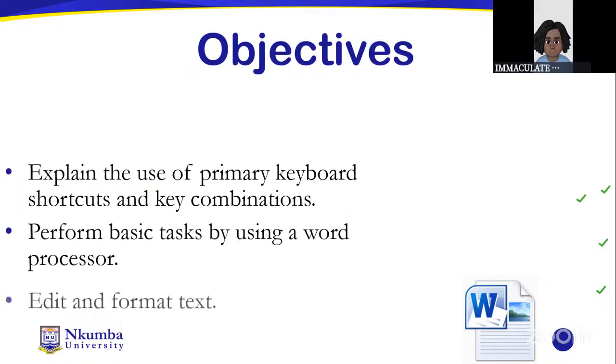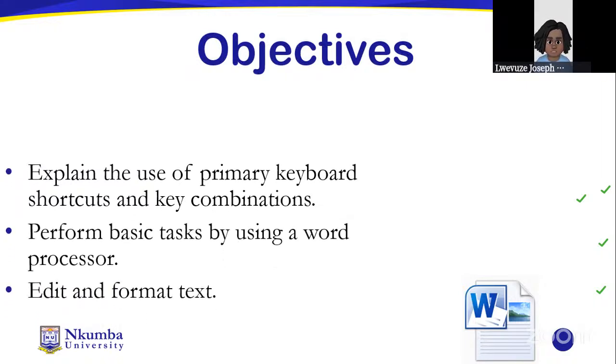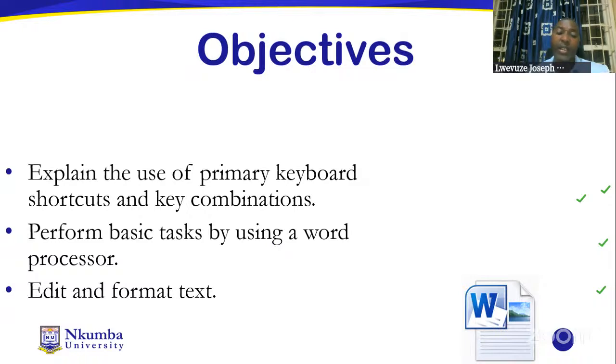To be able to explain the use of the primary keyboard shortcuts and key combinations at the end of the day. And of course, this comes along with making sure that we know what to use when and how to use it.